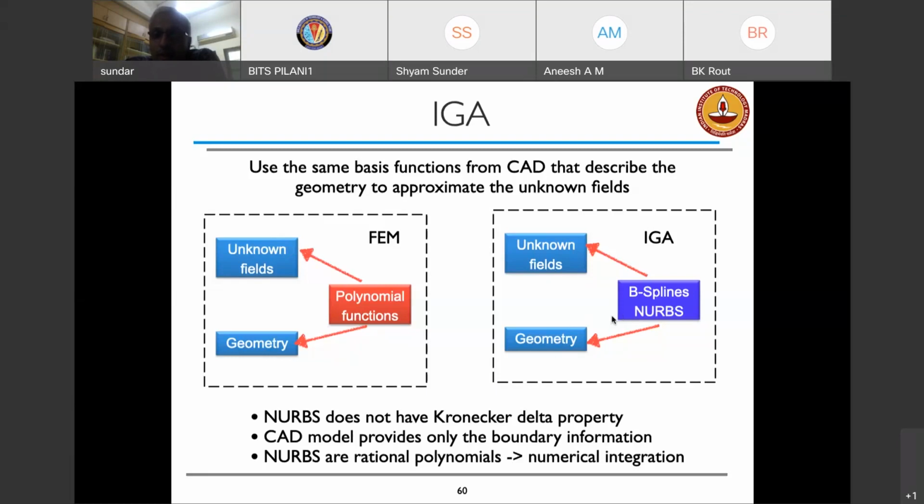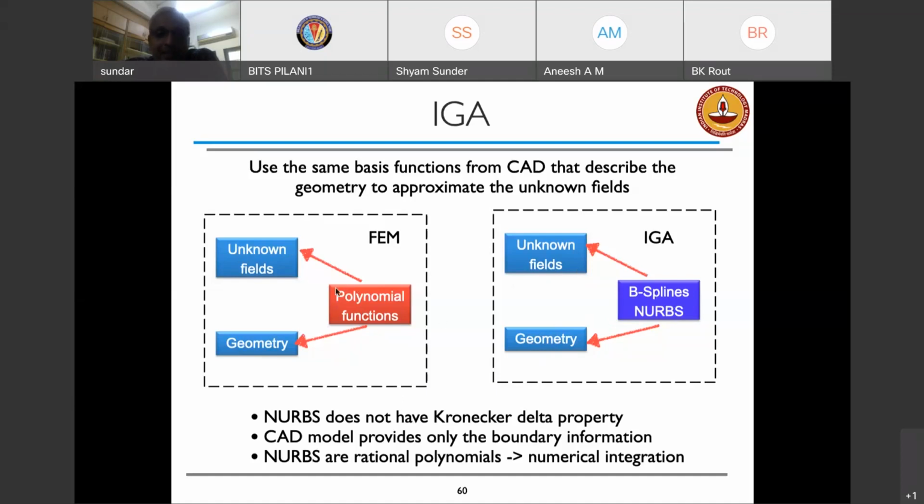Whereas here what we do is slightly different. We have functions that are representing the geometry, and we use the same functions to represent the unknown field. So isogeometric: same as the geometry. That's something that you can keep in mind.